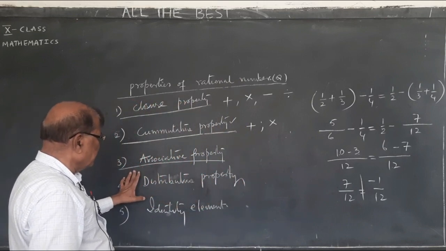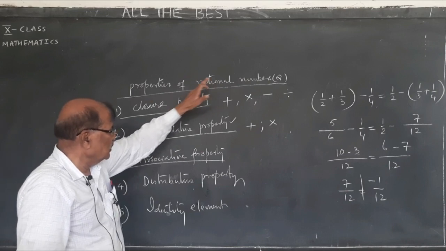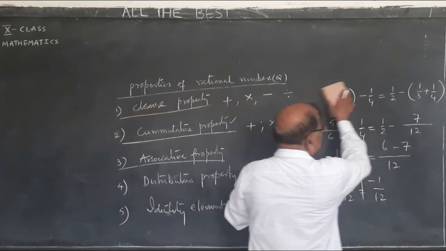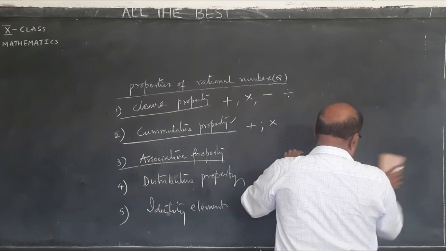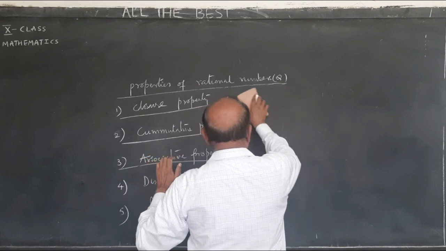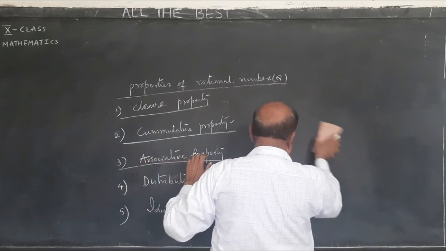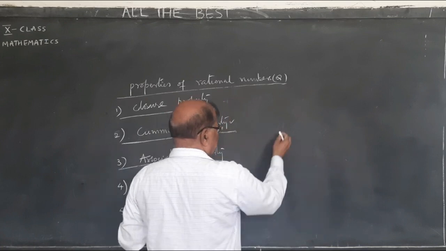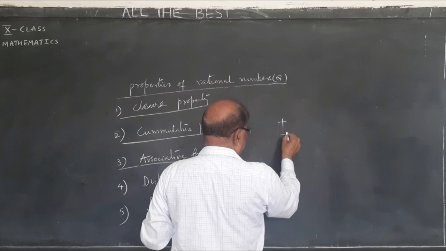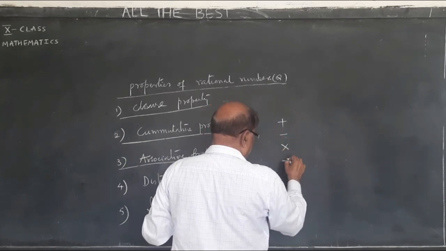Subtraction does not satisfy the associative property in rational numbers. When subtraction does not hold good, automatically division does not hold good. Why? Here I want to tell you two things. Previously the fundamental operations were four: plus, minus, multiplication, division.